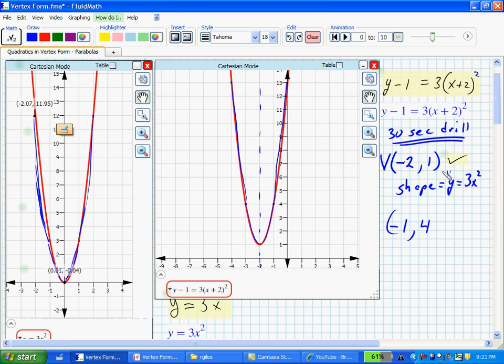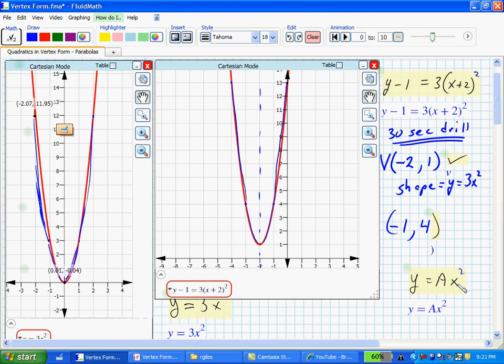And then we're also going to be able to use the shape. What does the shape do? Well, you always take whatever the shape is, y equals ax squared.